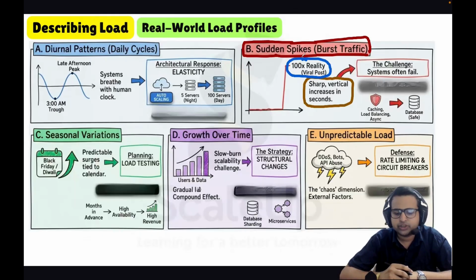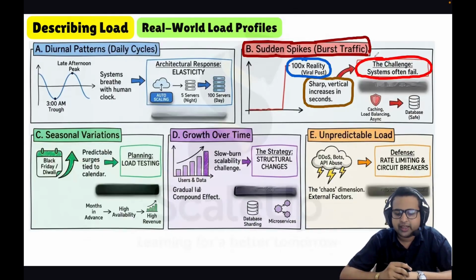A viral social media post or a breaking news event can send traffic from 1000 to 1 lakh requests per second instantly. Now, what is the challenge in dealing with sudden spikes? Systems often fail to handle sudden spikes. Why is it so?